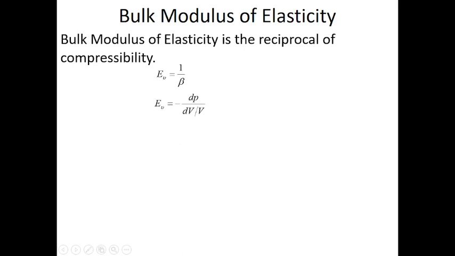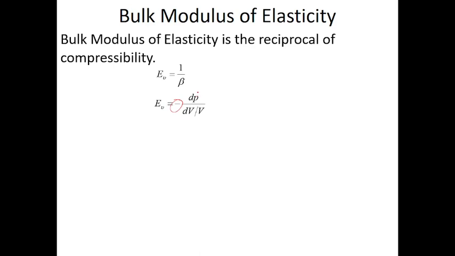Or, instead of negative dV over V all over dP, we write negative dP all over dV over V. The purpose of the negative is to make our answer positive, for compressibility and for modulus of elasticity.